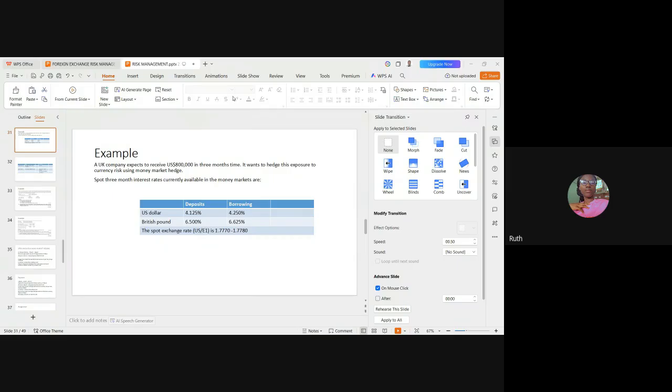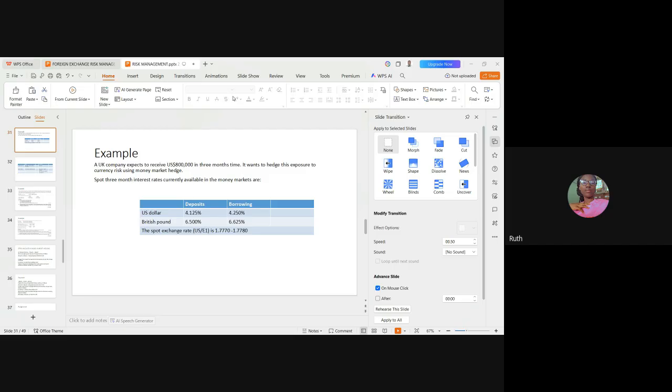And when we divide it, we have 445,213 sterling. So once we have that, how much are we depositing in 3 months' time for us to achieve the 800,000 dollars? We're going to multiply our figure in sterling by 1 plus R. And what will be our rate?